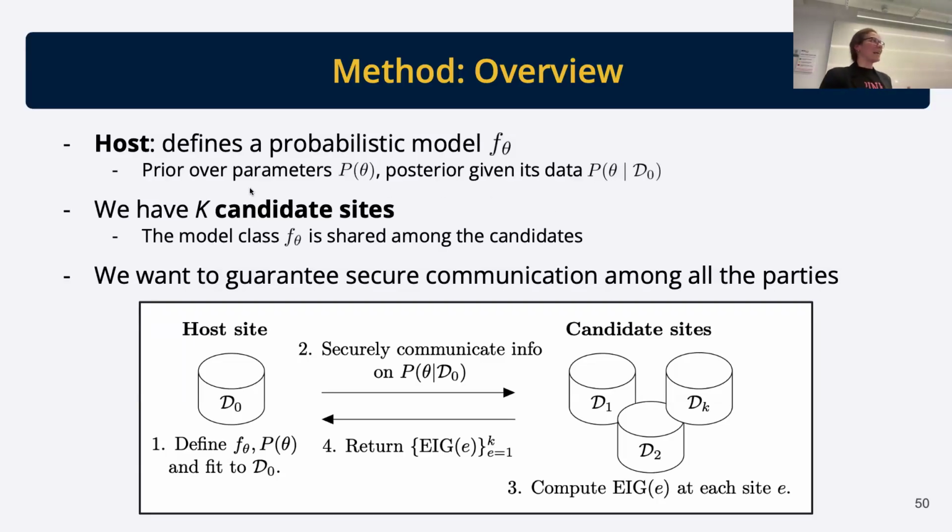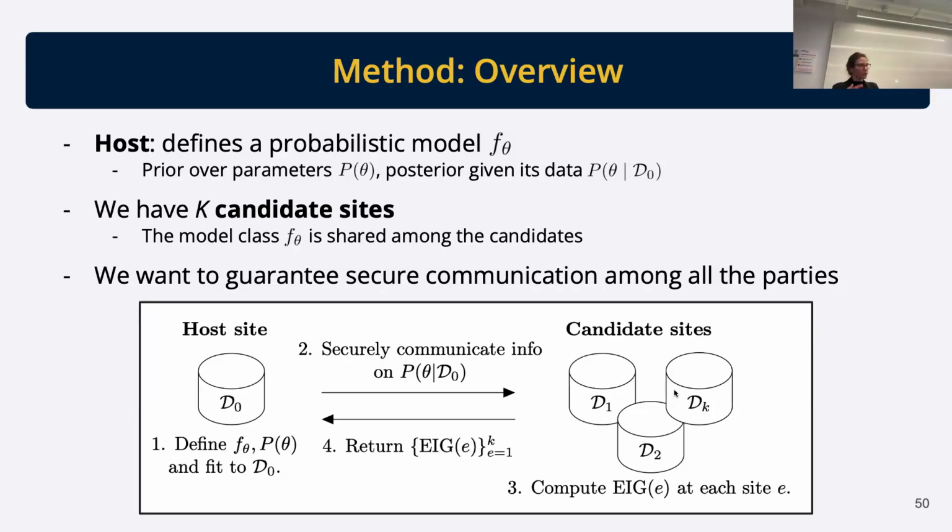Then we're going to have K candidate sites. And all of these candidate sites will know what the underlying model is, right? So the form of the probabilistic model is known to all of the participants in this setting. And we want to guarantee secure communication among all of the parties, right? So the host will want to securely communicate information about its posterior to the candidate sites.